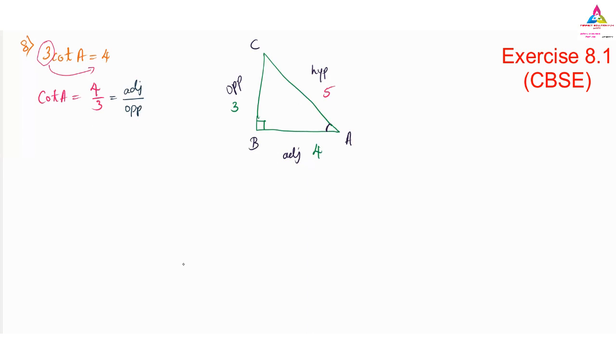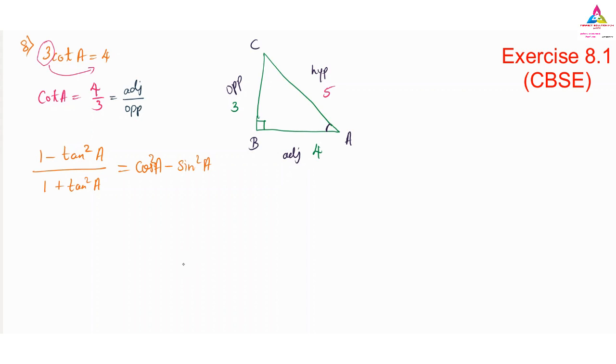Now let us go through the question. The question here is a little bit lengthy. What we have to prove is 1 minus tan square A divided by 1 plus tan square A, and it goes further, that we have to prove it as cos square A minus sin square A. They have not told whether it is equal or what.